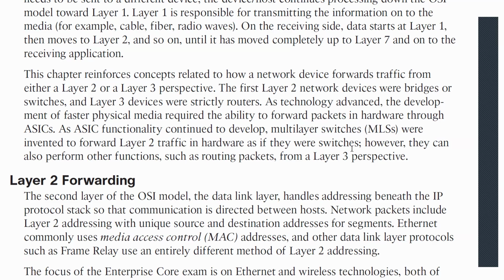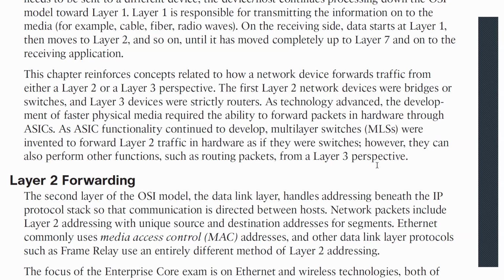Now, multi-layer switches, by default, work as L2 only, but we can start L3 functionality also. They do have L3 features as well. Clear? They can also perform other functions like routing packets from a layer 3 perspective.